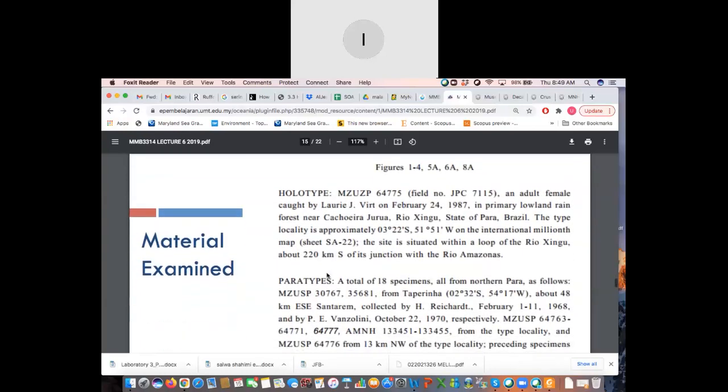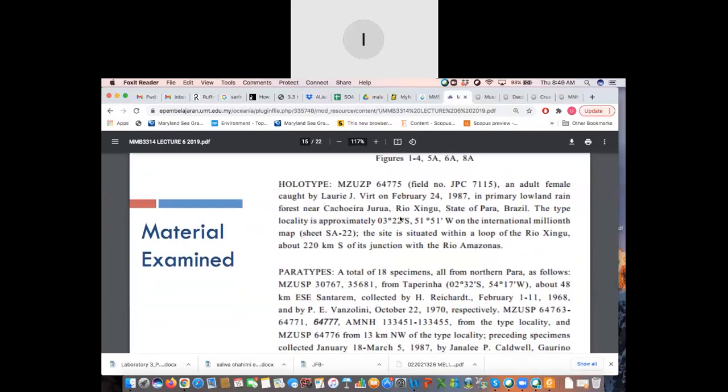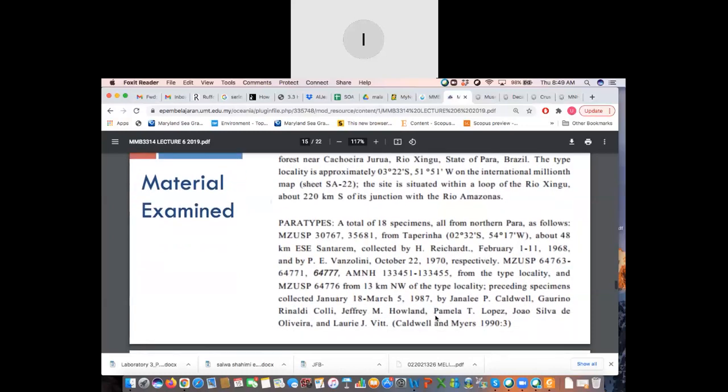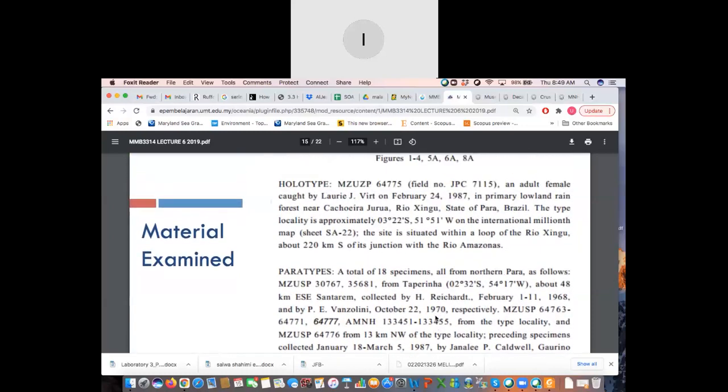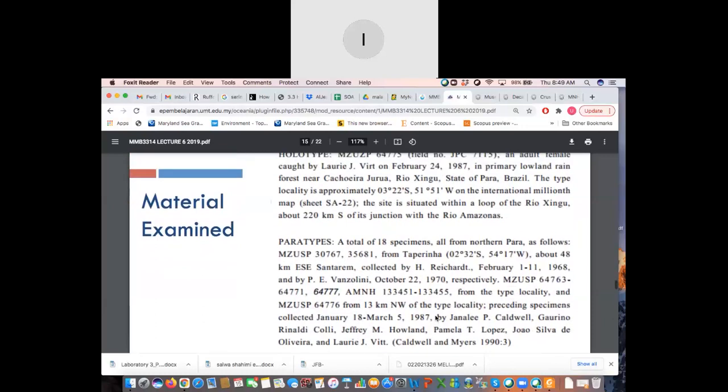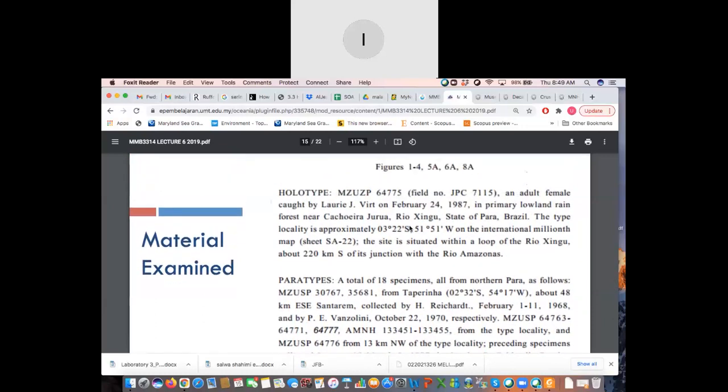So when you're writing your material examined section, for all of the material that you worked with, this is the way you have to write it. I know it looks very lengthy, and sometimes it's sort of overwhelming, but this is the style of writing it. So if you're going to describe your holotype, this is where the registration number is.